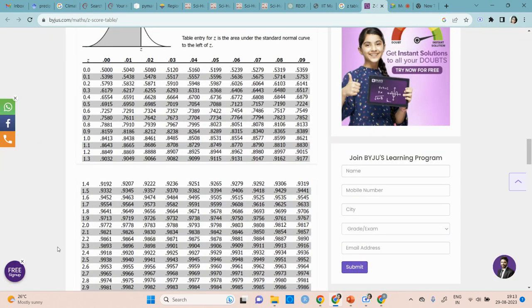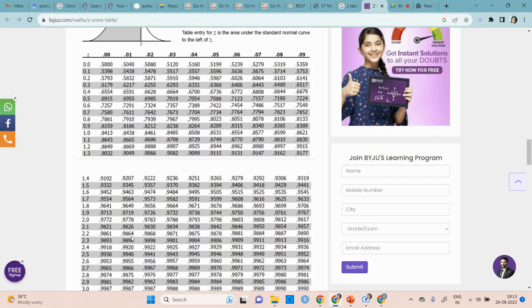Okay. So 2.23 will be 0.9868. So 0.986. It will be 0.9871 because 3 is here.